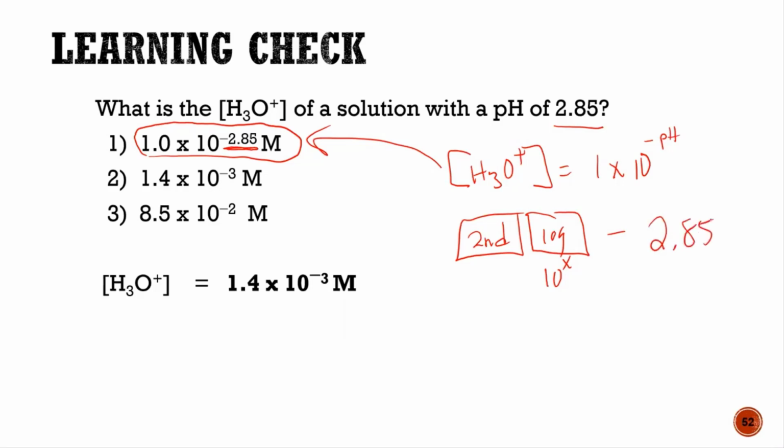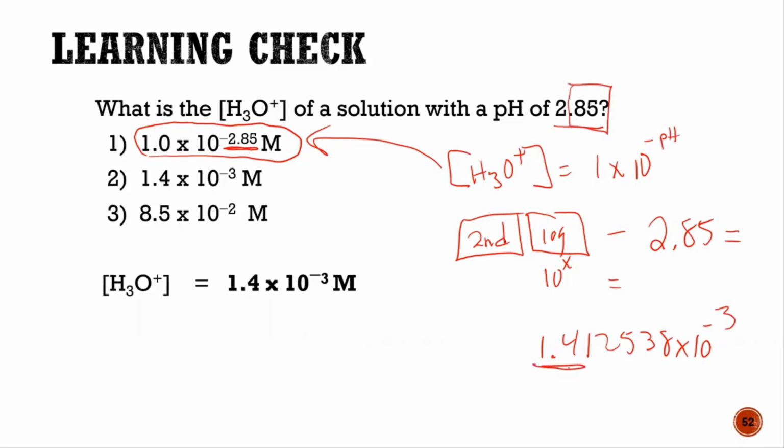Now, let me do it on mine because I have a non-graphing. Actually, with my TI-30, I can do it the same way. I can hit second function log and then hit the negative 2.85 and then hit equals, and I actually get 1.41253 times 10 to the negative 3.